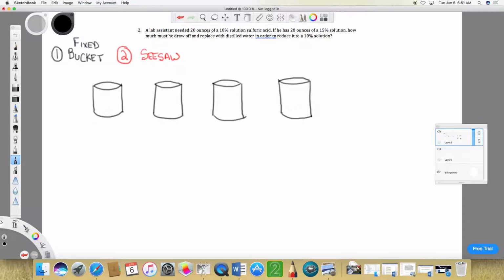What we need to come up with as a final answer is a 10% solution, and what we're measuring is sulfuric acid. So this liquid is 10% sulfuric acid, and it's 20 ounces. Each of these is the same size container, so all of these have 20 ounces.